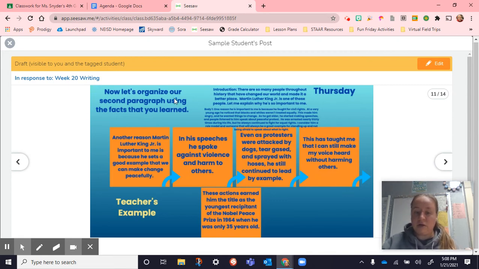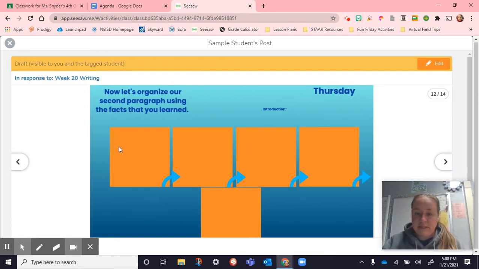So make sure when you're writing your paragraphs, you're giving your reasons, and everything that's on this page right here in the orange, they're all tied together in that one paragraph, and they're explaining why he's important. All right, so you guys needed to go fill in page 12. So you're taking your reason and you're feeding it.